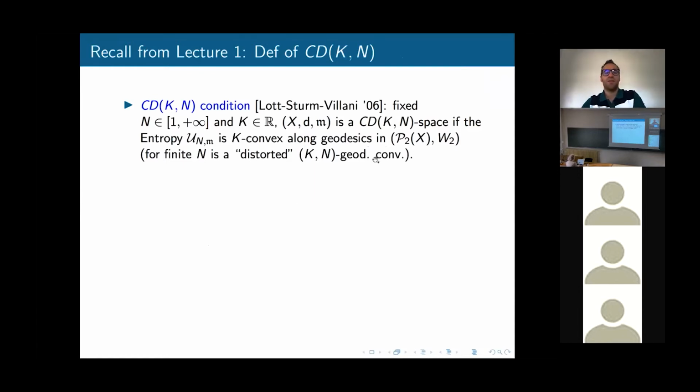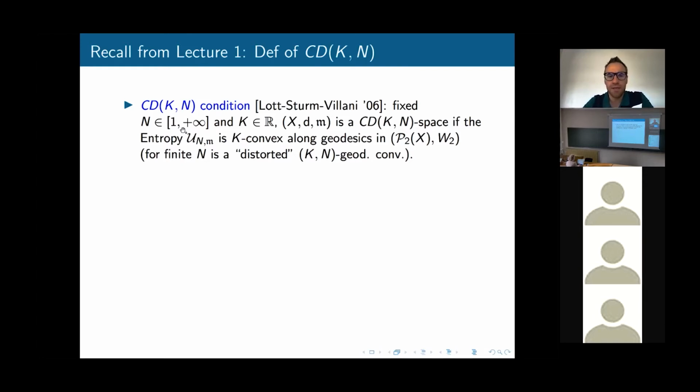Yesterday we have seen the definition of the CD(K,N) condition, which is a synthetic way of saying that a metric measure space has Ricci curvature bounded below by K and dimension bounded above by N. K is a real parameter, and N plays the role of upper bound on the dimension, and it is also a real parameter ranging from 1 to plus infinity.